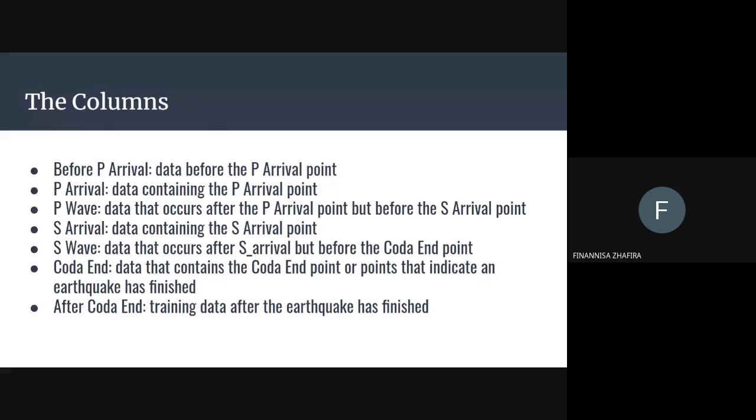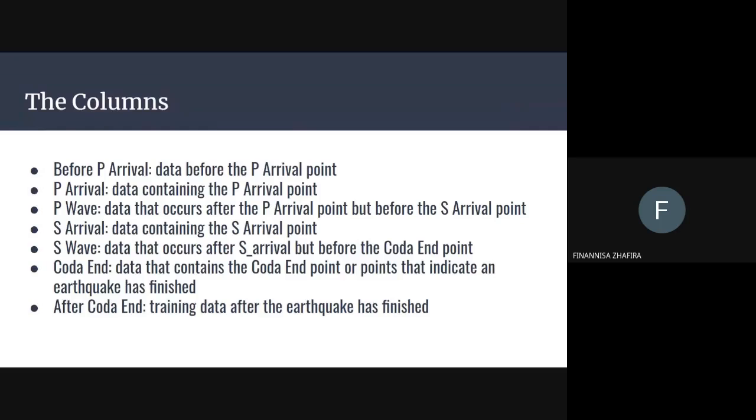So the data itself, as Ralph told before, consists of around 6,000 samples, and we got 7 main columns, which consist of the data of the sensors.